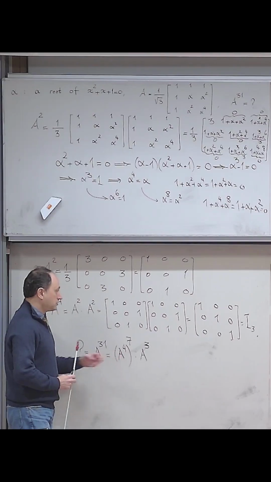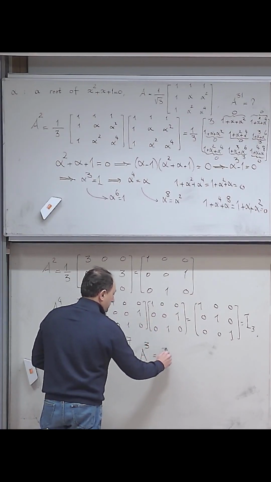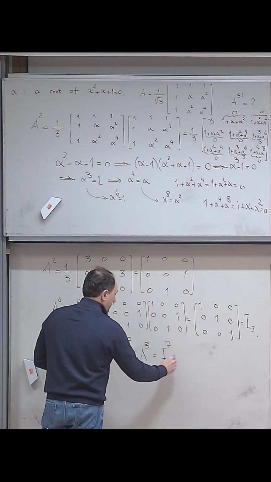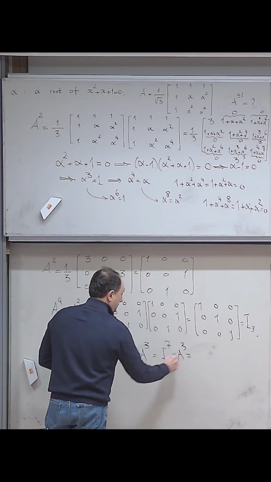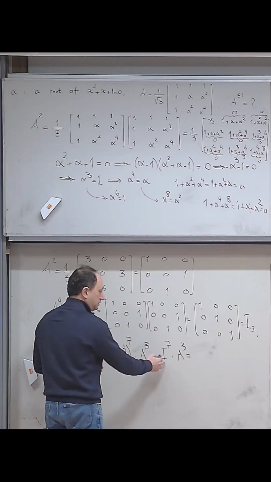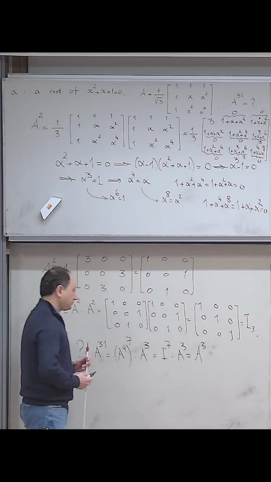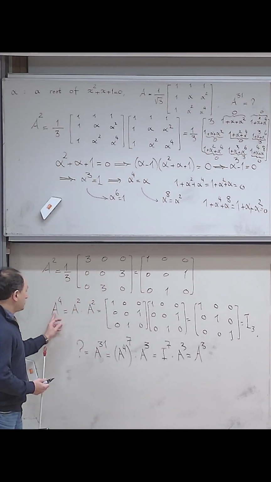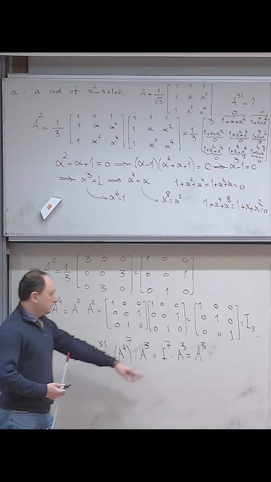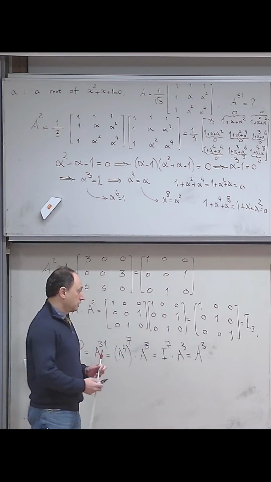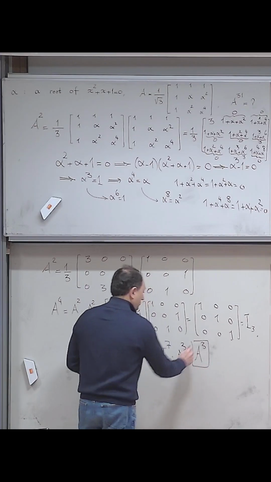But instead of A to power 4, I can put the identity matrix to the power of 7 times A cubed. But identity matrix to power 7 is just identity. Identity times A cubed becomes A cubed. So we were able to show that A to the power of 31 is indeed A cubed. So that is the correct answer to the problem. Yes?